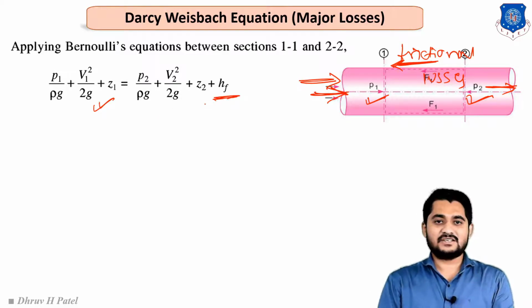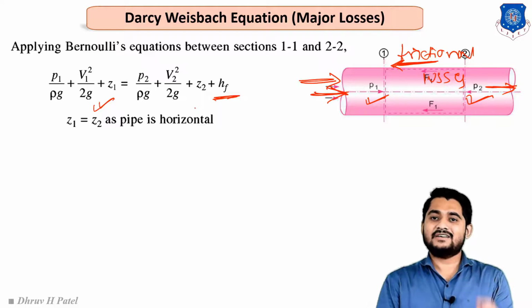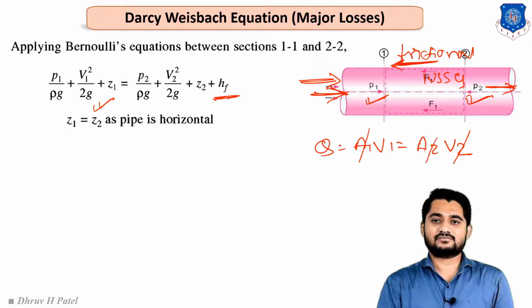As the pipe is horizontal, so we can say here Z1 is equal to Z2 and here diameter is uniform, right? So here discharge is also uniform. So we can write Q is equal to A1 V1 is equal to A2 V2. Here A1 and A2 will be same.